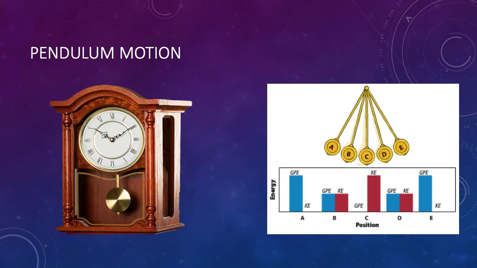Pendulum motion. A pendulum, as pictured on this small clock, generally swings back and forth from left to right. On the diagram shown to the right, the pendulum is lifted from its resting place, which is location C. Due to the fact that the pendulum is at a height, it contains potential energy.